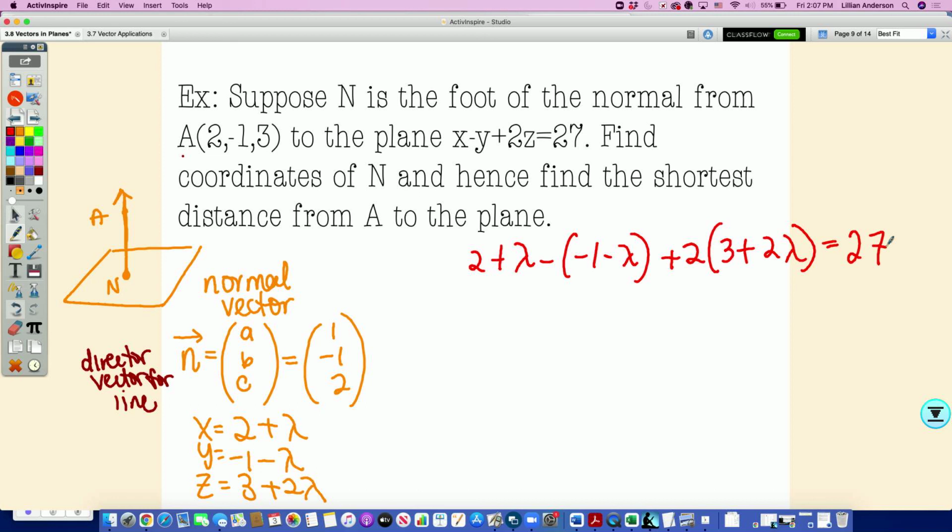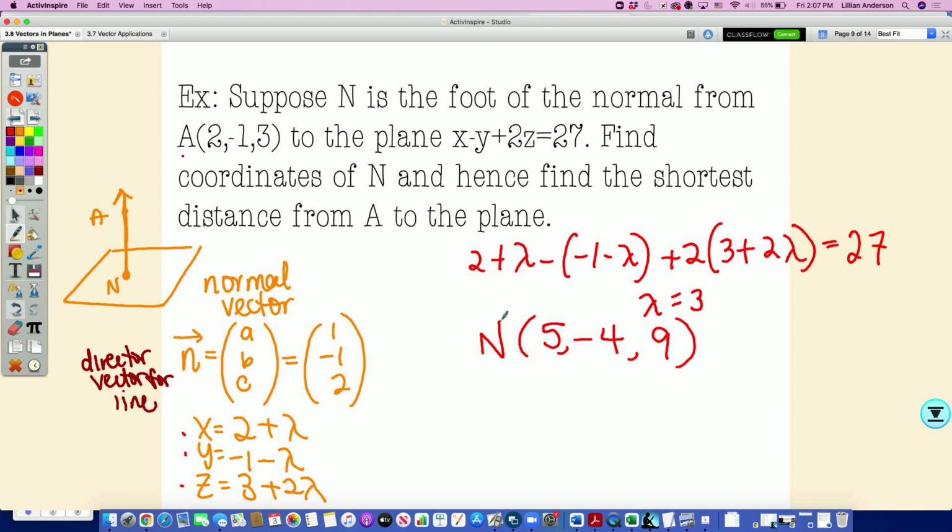Anyone? 3. So if lambda is equal to 3, then n is going to be 2 plus 3, -1 minus 3, and then 3 plus 2 times 3.